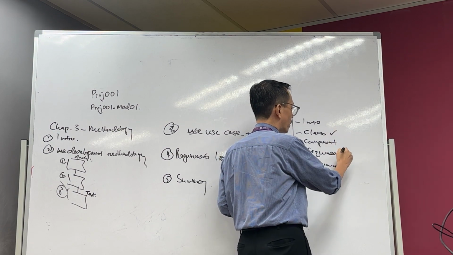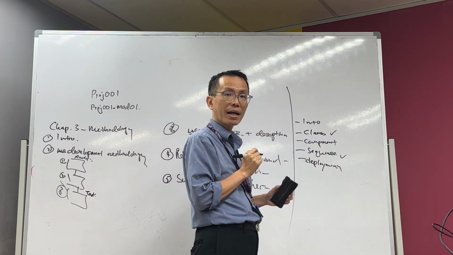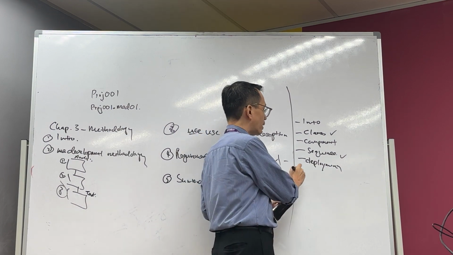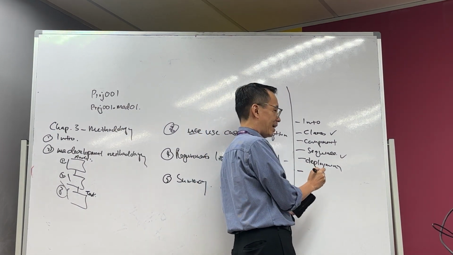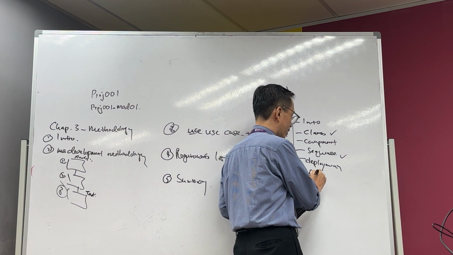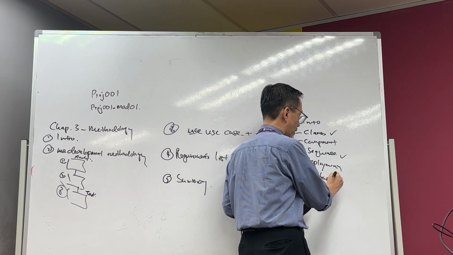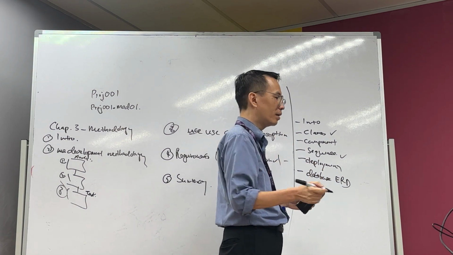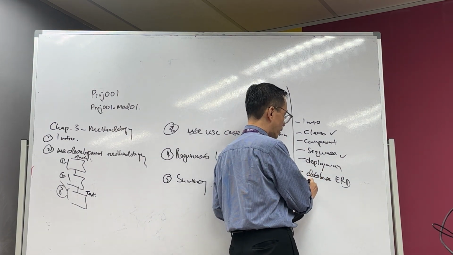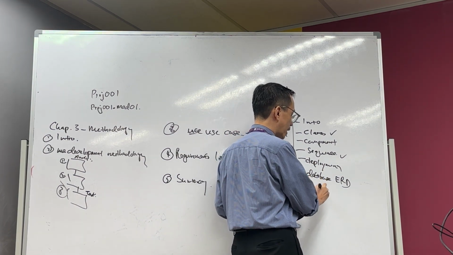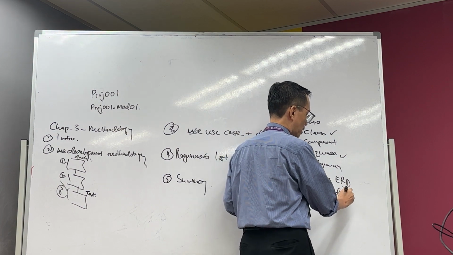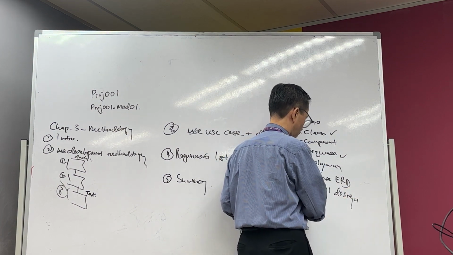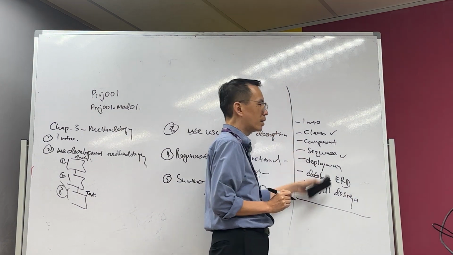I guess this one and this one you can do first. You get me? After that, what? Database. If you are using a relational database, then ERD. Interface, graphical user interface design, GUI design. These are the things we did.